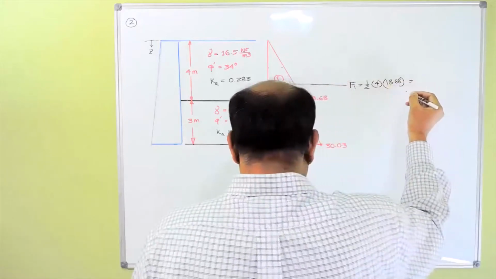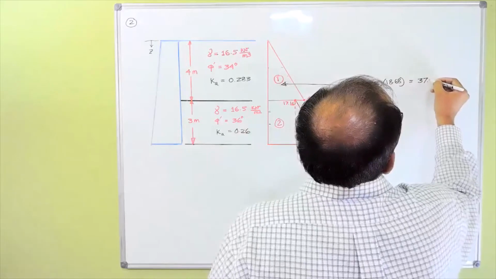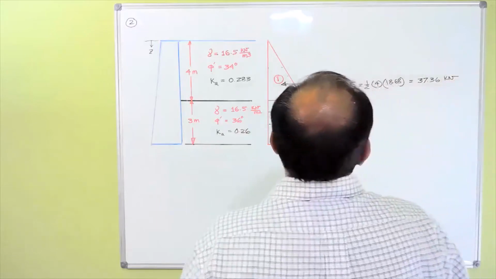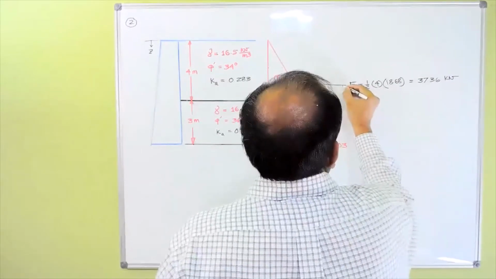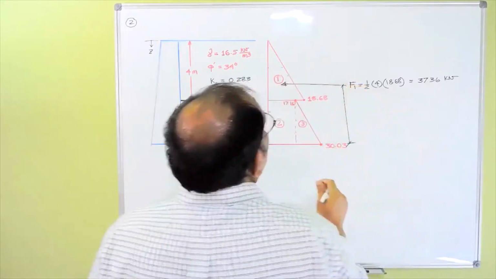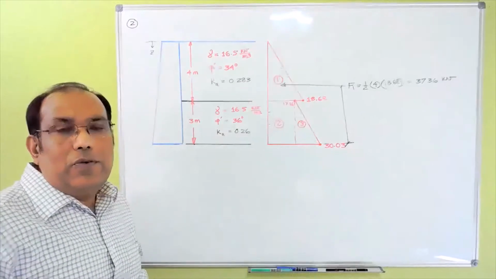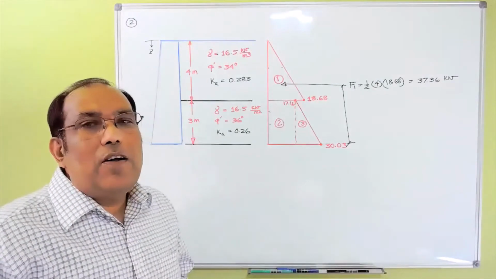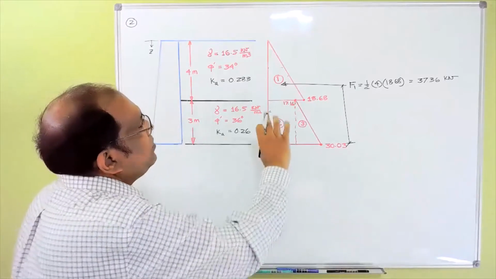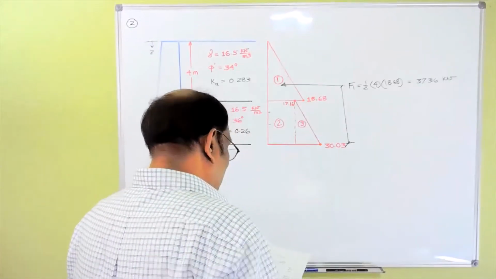So that's basically 37.36 kilonewton. And the distance from here to here is basically 3 plus 1/3 of 4, right? So 1/3 of 4 is basically 1.33. So the total distance from the bottom is 3 plus 1.33, so that's 4.33.